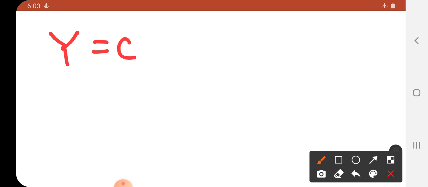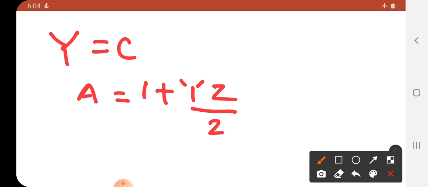Then what is Z? Just tell me what is Z? See here. Let me take first A. A is equal to 1 plus YZ by 2.